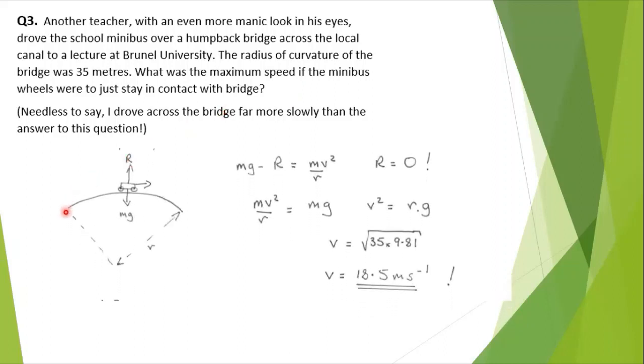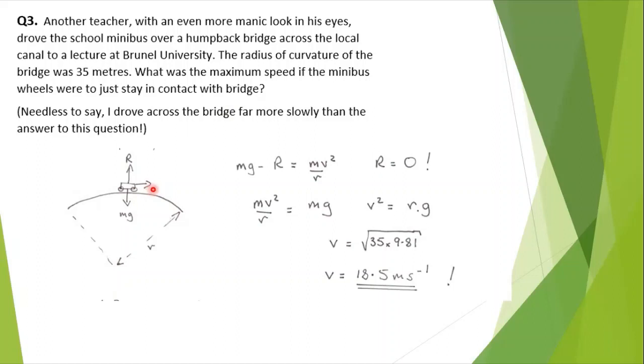A humpback bridge, here it is, has a constant radius of curvature, we're calling that r. And here's the minibus, the weight mg acting vertically downwards, the reaction force R acting upwards, and at this point it's moving at a velocity v in that direction.